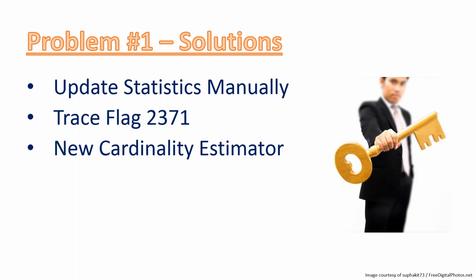The new cardinality estimator can do magic in some cases and improve performance and the plans, like the case of the ascending key problem, but be aware that it can also make some query plans worse than before. You need to be aware of that and test your application when you upgrade to SQL Server 2014 or 2016. And we can also use filter statistics, as I just showed you.